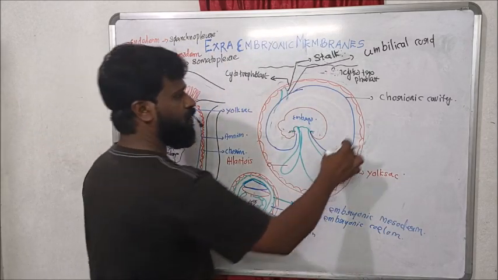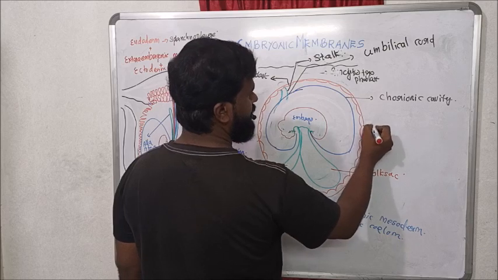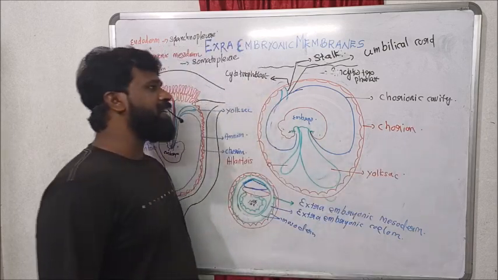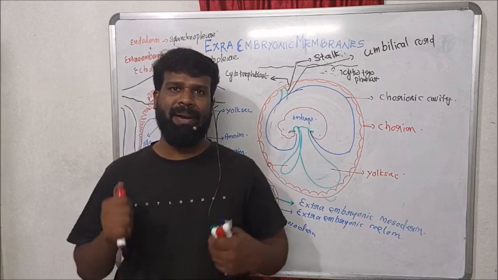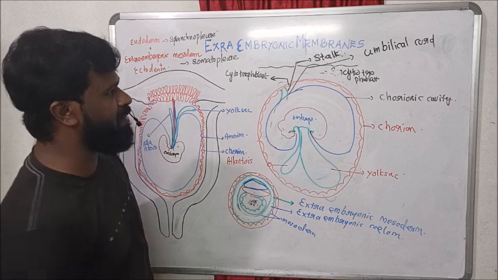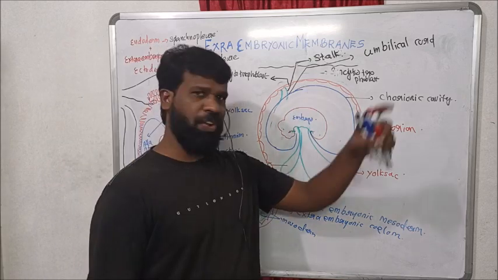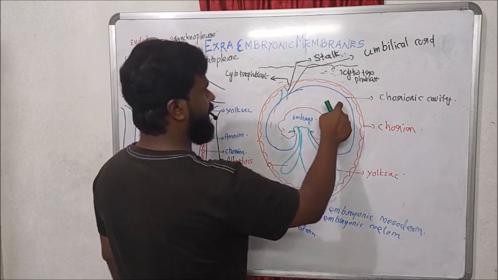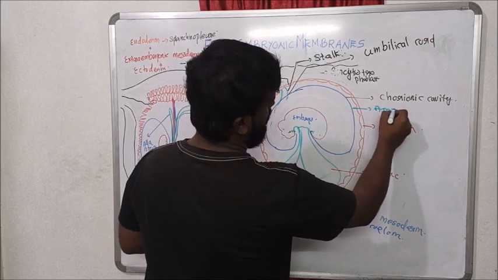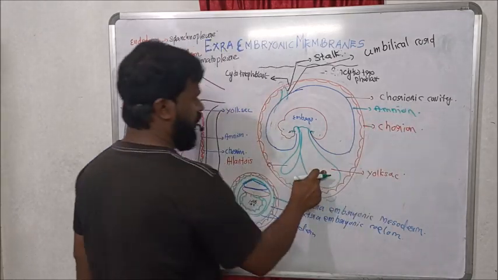You know what the fate of this outer trophoblast is? This part will become the chorion. Now all the extraembryonic membranes are formed. The outermost one is the chorion, followed by the amnion, then the yolk sac and allantois.